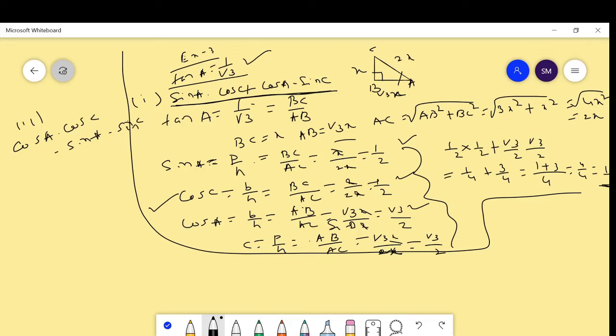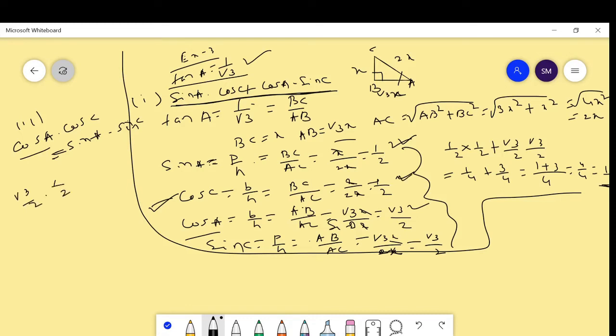Here you find out the value of sin A, cos C, cos A and sin C. Then here put the value of cos A. Cos A is root 3 upon 2 and cos C is 1 upon 2.